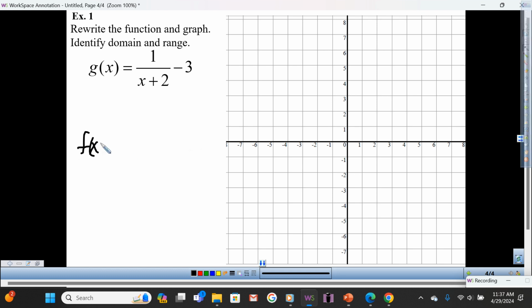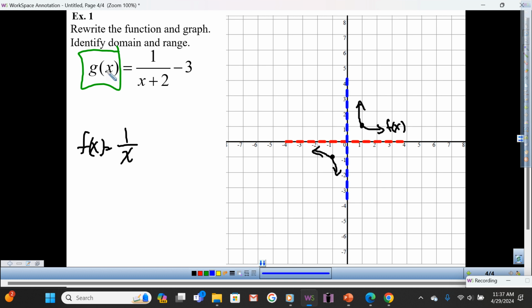Well, we're going to graph f of x equals 1 over x. This one is f of x. When you graph g of x, guys, I want it in green or a different color. So like that, it shows me that you did the transformation.